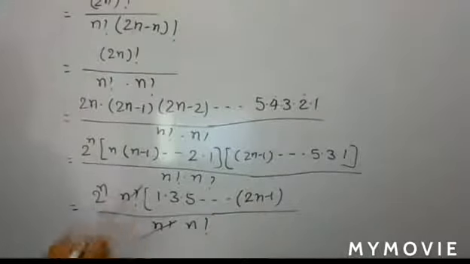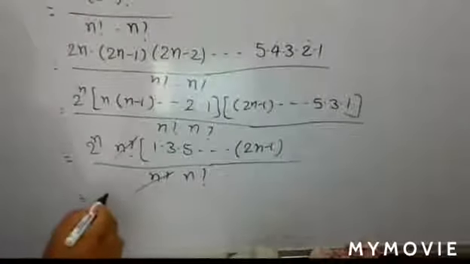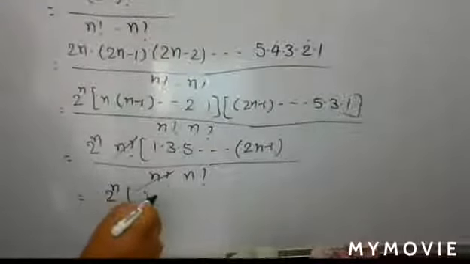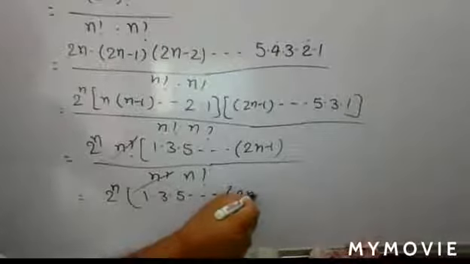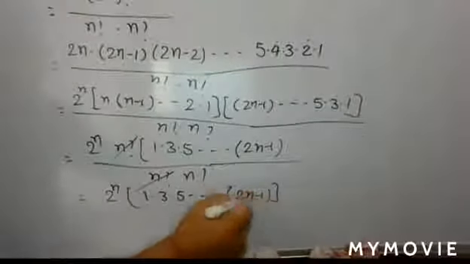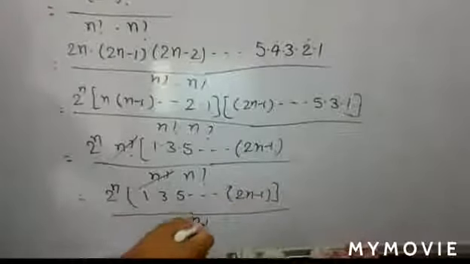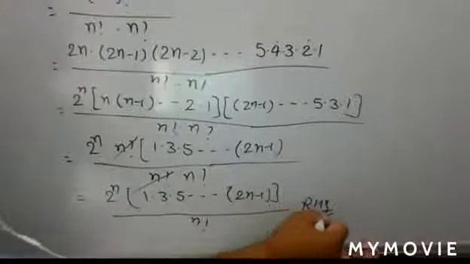So one of the factorials is cancelled out, and write the terms which are left. That is your right side: 2 to the power n into 1 into 3 into 5 up to 2n minus 1, whole divided by n factorial. This is your right side. Yeah, note it.